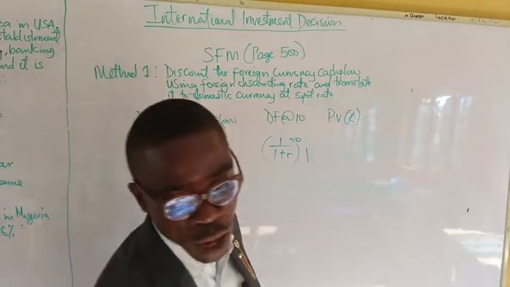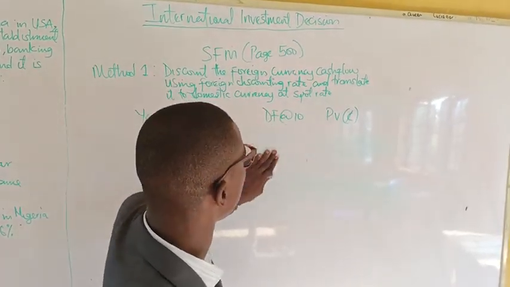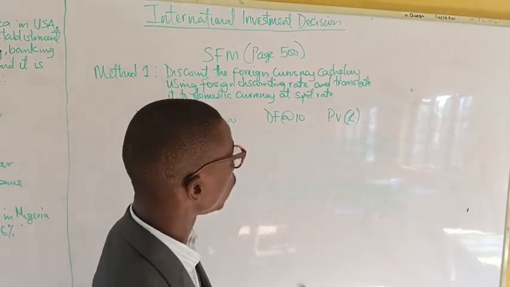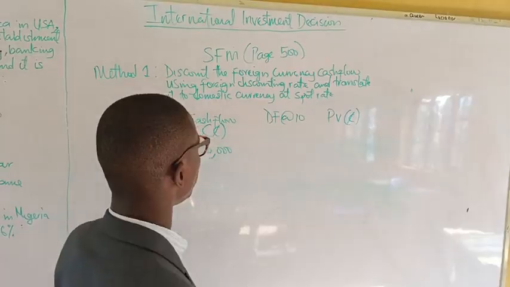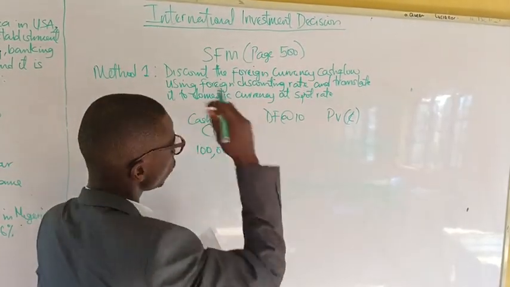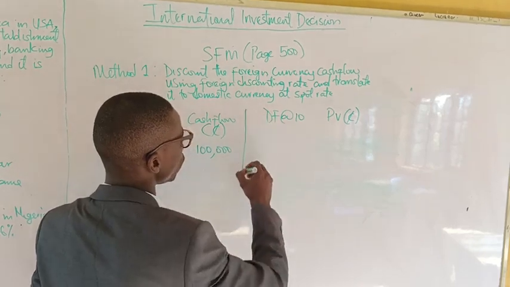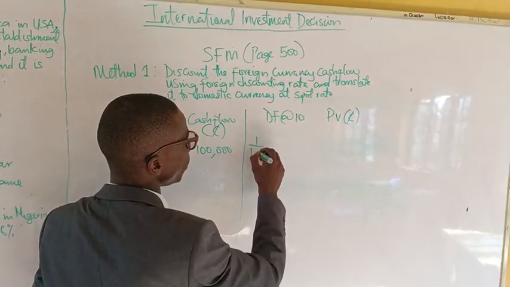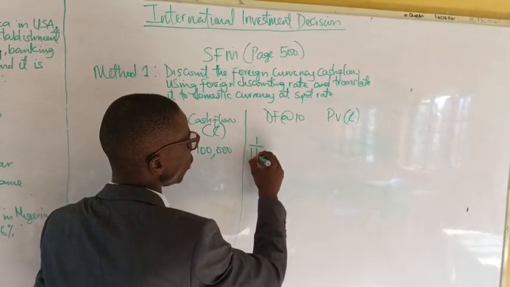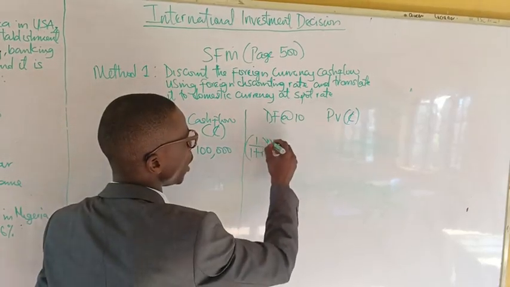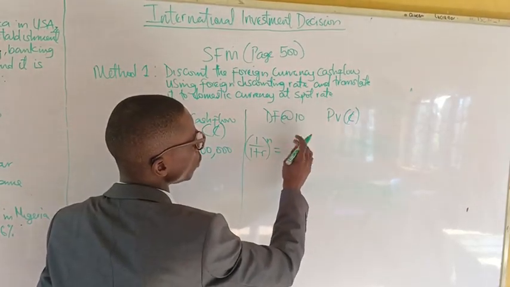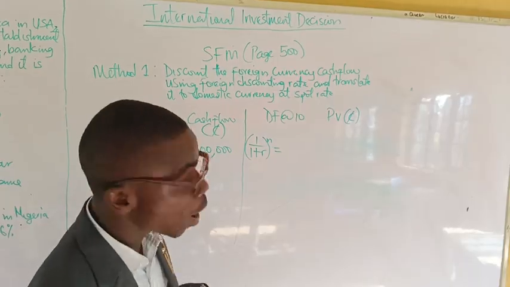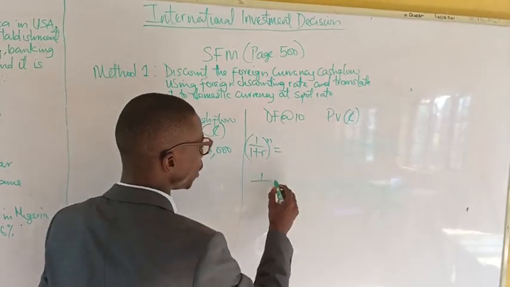By now, the reason why I teach this topic late is because I want Mr. Ezekiel to teach you investment appraisal first, so that I will not be stressing myself. So the discounting factor will be 1 plus r raised to power n, and that will give us 1.